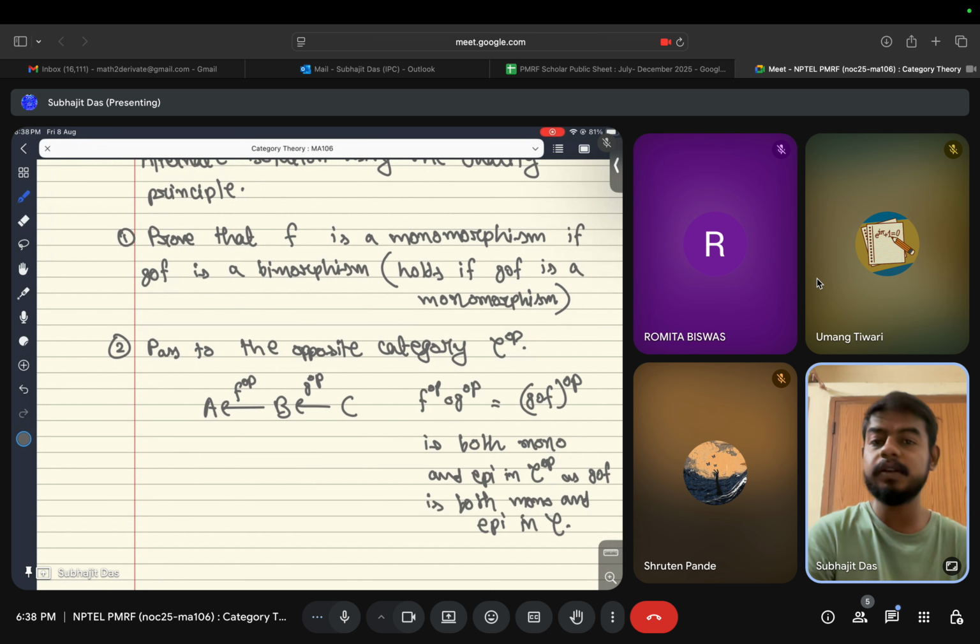What was the result that we proved? That in any arbitrary category, if the composition of two morphisms is a bimorphism, then the first morphism must be a monomorphism. This is what we proved.